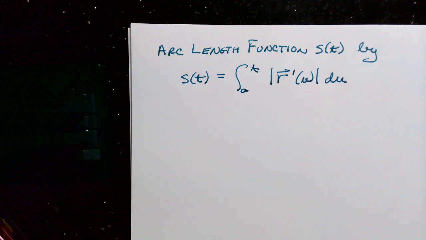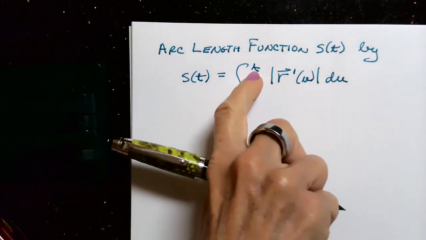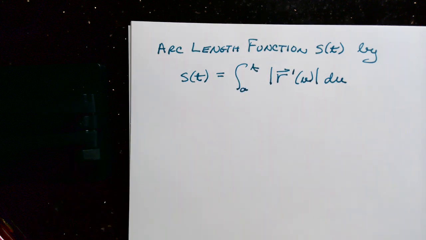Here you think of u as a dummy variable, because t is the upper endpoint of the integral, so we can't use t as the dummy variable inside that integral.